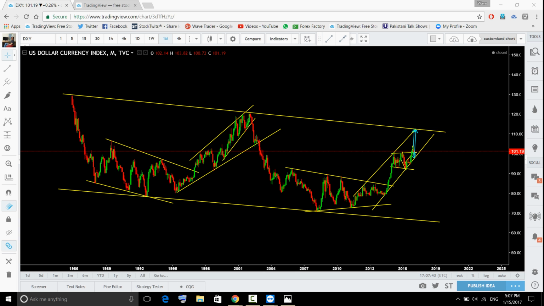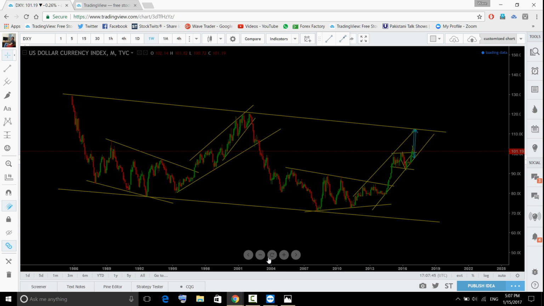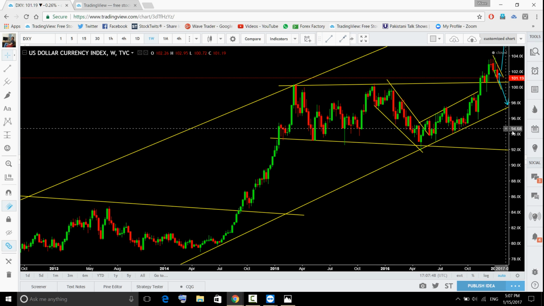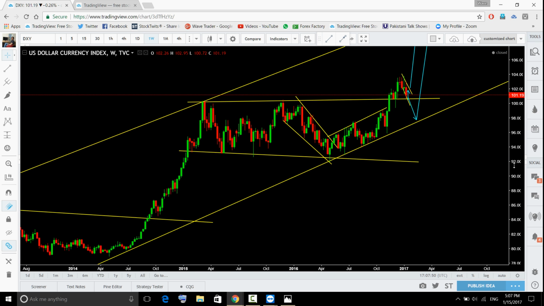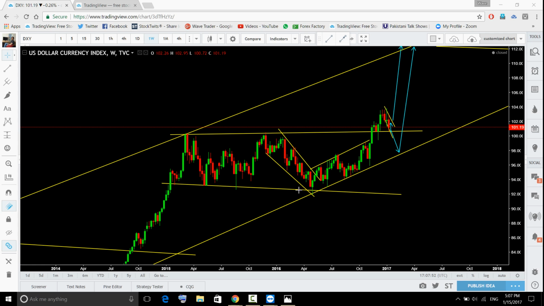Okay, so when we look at the lower time frame, we can see price has just broken above the previous trend continuation pattern, but is struggling to continue. The reason it is struggling to continue to the upside is because there is divergence.